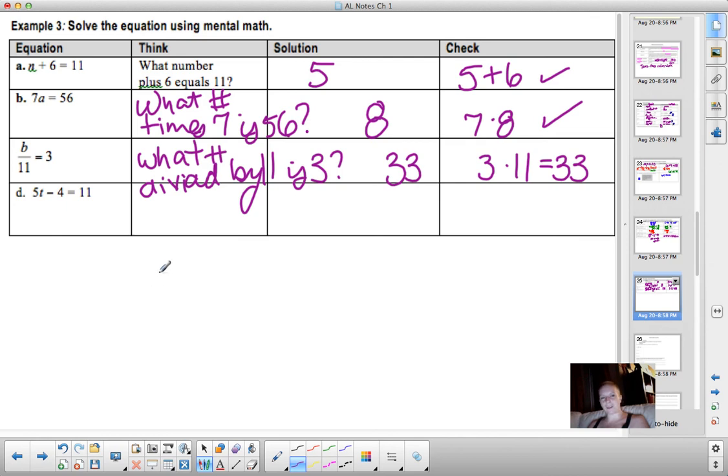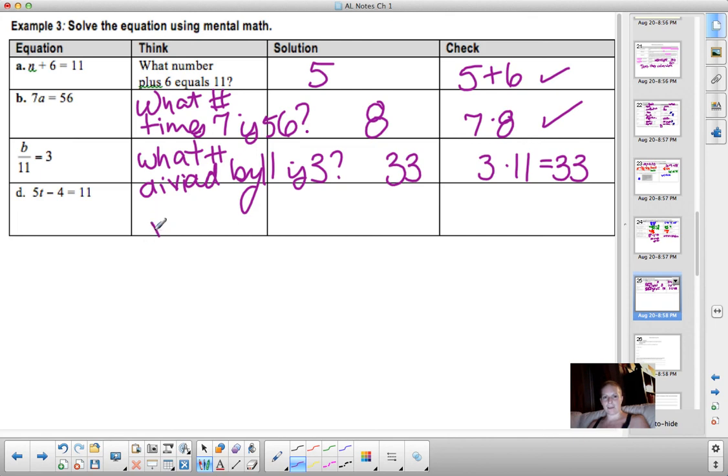So how do I say that a little more properly? So the difference, the subtraction of 5 times a number and 4 is 11. What number can be multiplied by 5, then we would subtract 4 and get 11.